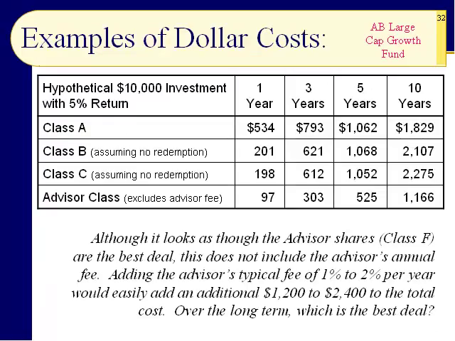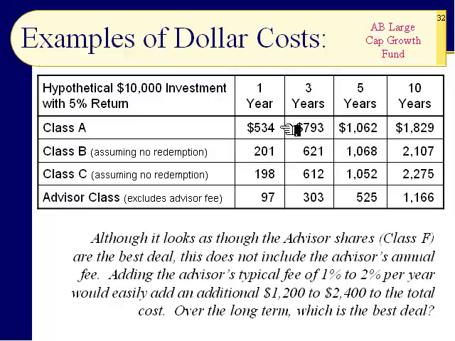Slide 32. Along with the annual operating expenses, all prospectuses must show you hypothetical $10,000 investments with a hypothetical, meaning not real, 5% return, because you don't know what the return's going to be. It's the future. So here's that AB Alliance Large Cap Growth Fund, starting off with year #1.